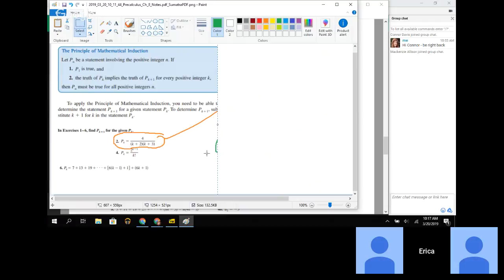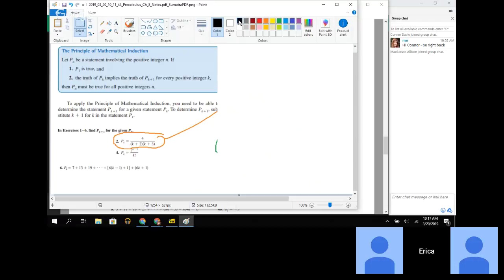Okay, so number 6 is a little bit weird because that's why I had to do a double take at it. So p sub k equals 7 plus 13 plus 19 plus blah, blah, blah, plus 6 times k minus 1 plus 1 plus 6k plus 1.